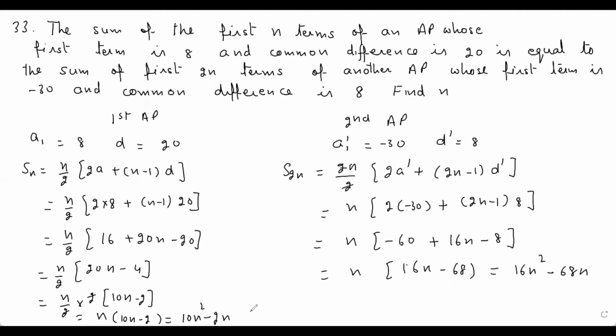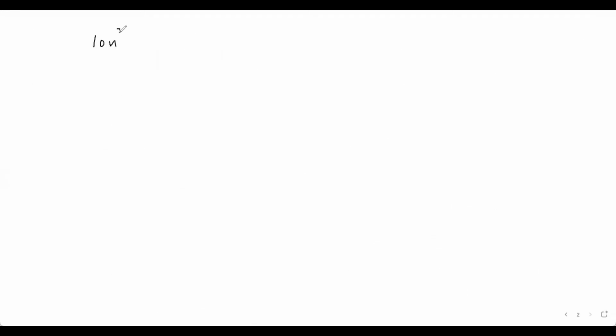It means if I write this as 1 and this as 2, according to the question, 1 is equal to 2. On the next page, I'm going to write 1 is equal to 2. Now 10n square minus 2n is equal to 16n square minus 68n.